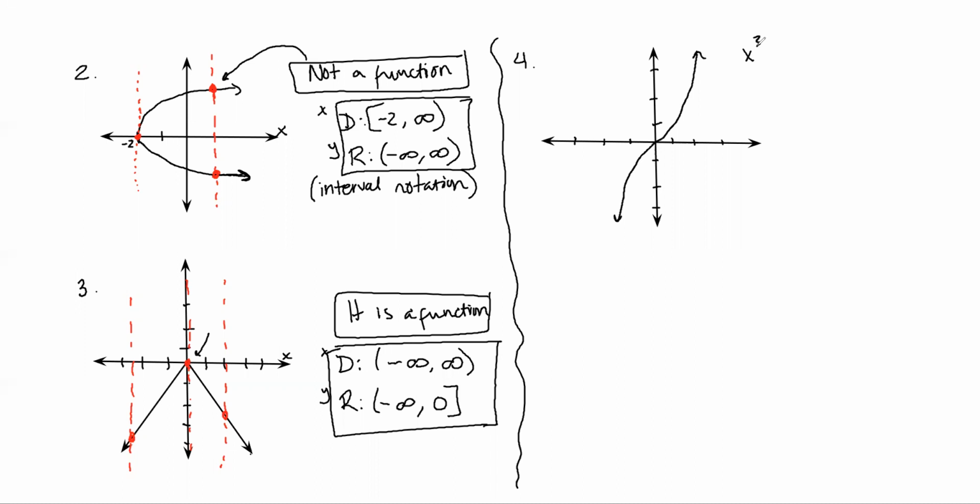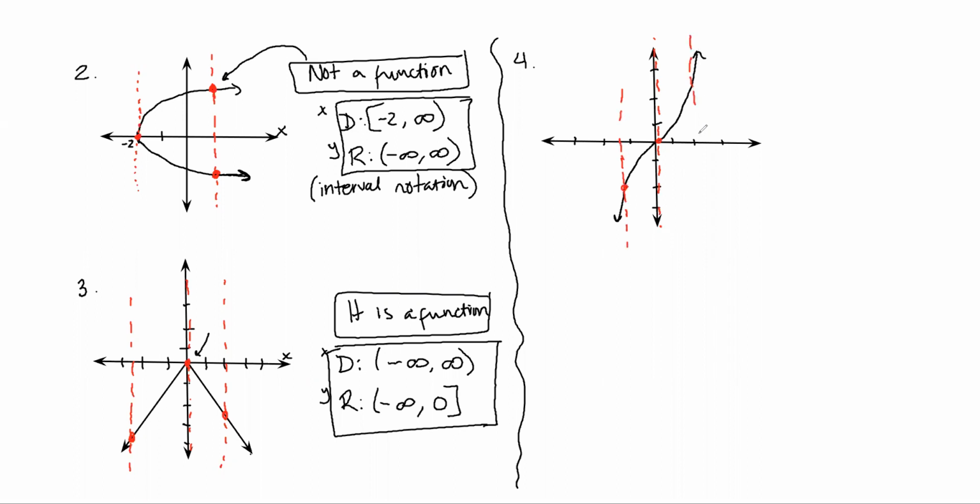Now, let's go ahead and figure out if we can draw a vertical line that goes through more than 1 point. So see if you can figure out if this one is a function or not. And if we go ahead and draw a vertical line, let's say right in the middle, it only goes through 1 point. All the way over on the left, it only goes through 1 point.